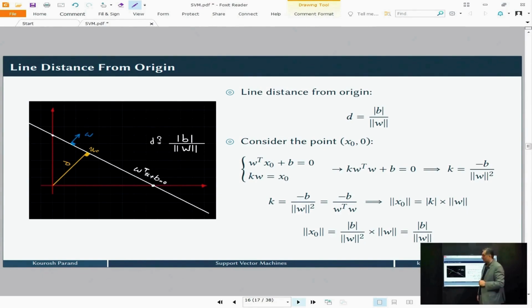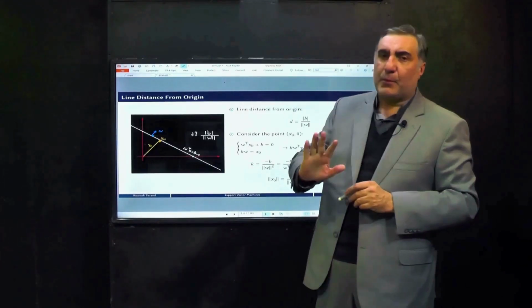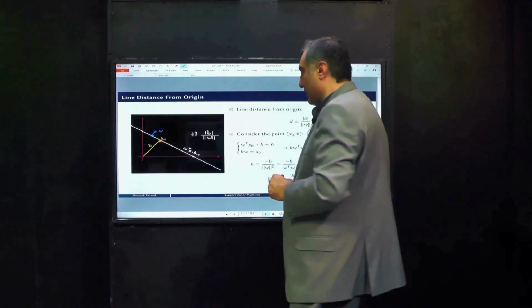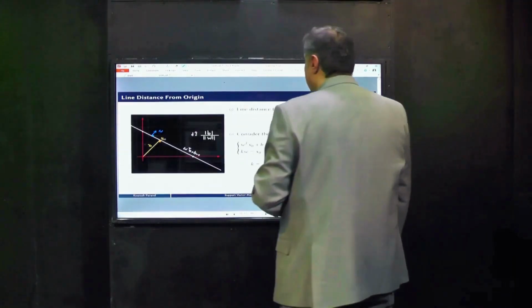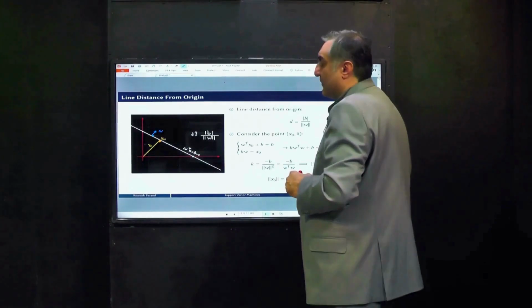If we want to calculate this, the answer is, well, in higher dimensions it's a plane, but here it's a line, the distance to the origin is equal to the absolute value of B divided by the norm of W. Here, as we know, we have different types of norms, which have been explained in previous sessions. For our discussion, we are working with the 2 norm, which is the Euclidean norm. That's what we're using. How can we prove it?